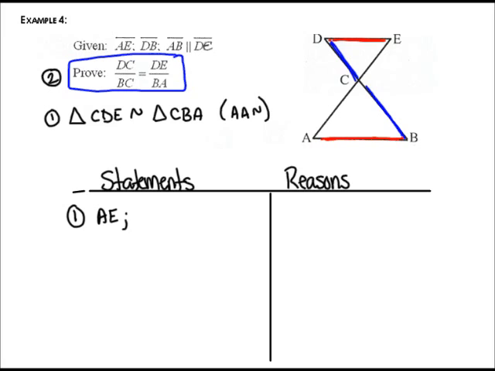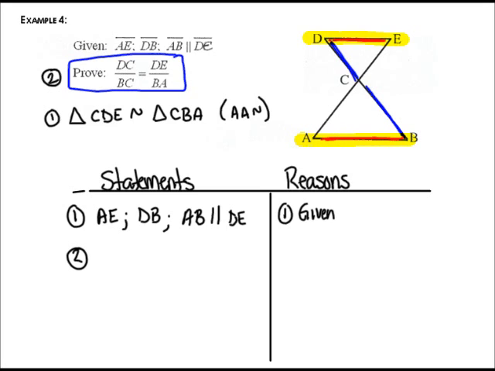We have a line DB. So both of those are straight lines. And we know that side AB is parallel to side DE. If you know two sides are parallel, you might want to highlight them. AB is parallel to DE.